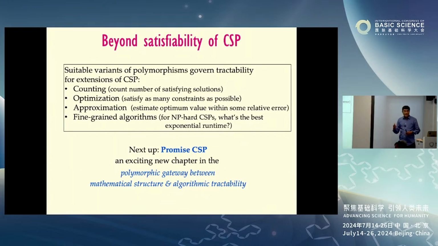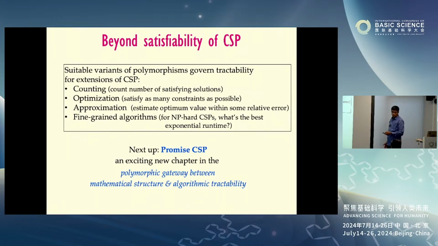In fact, there is more to say; I talked about other problems. You can ask to satisfy as many constraints as possible. Maybe that's a hard problem.